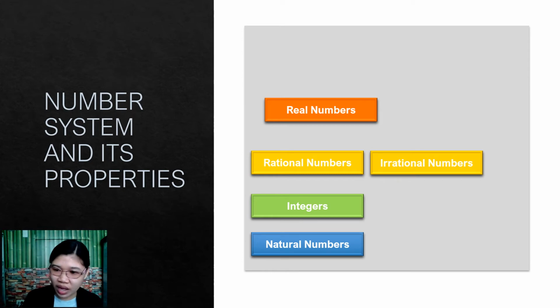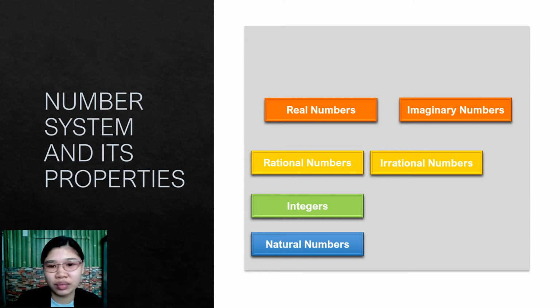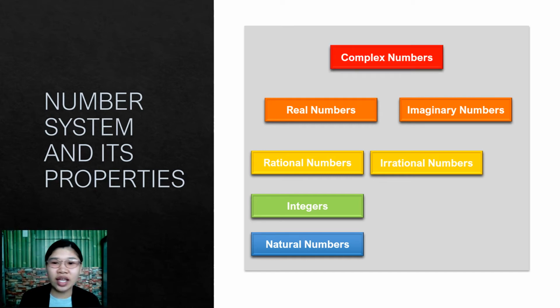So if you encounter the number line, all the numbers there are real numbers. And if we have real, we have imaginary numbers. And then, above all of them, we have what we call complex numbers.